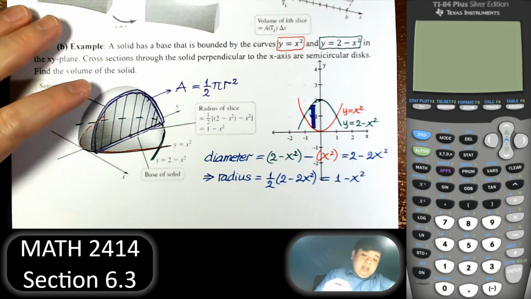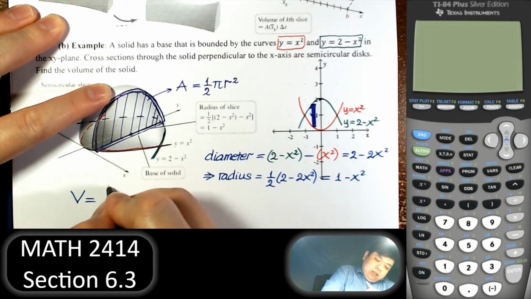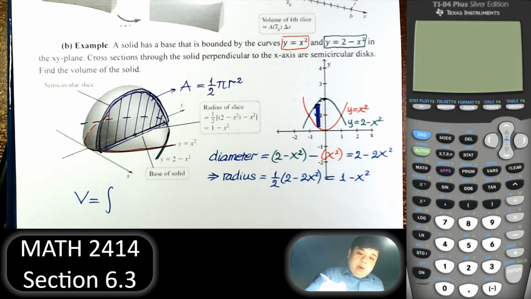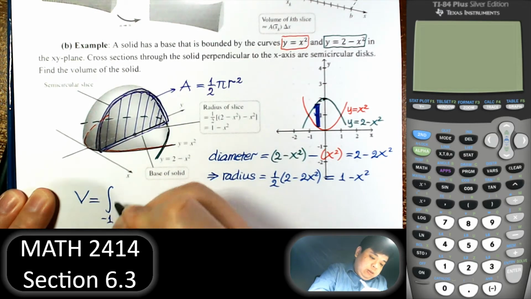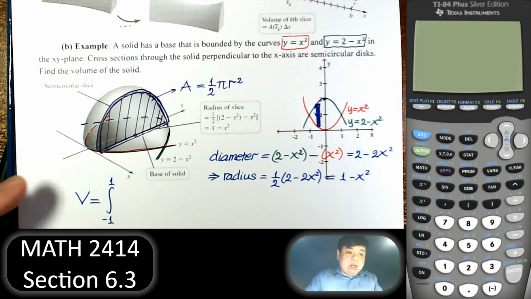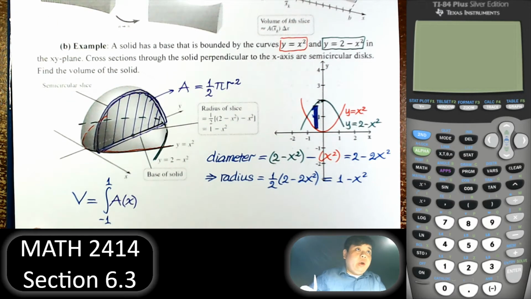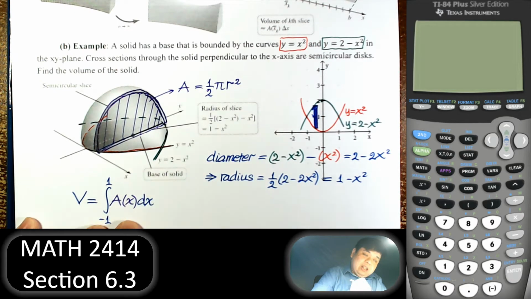Bottom line is, if we want to find the volume, it is going to be the integral. The x values here go from -1 to 1. All we do is add all of the cross-sectional area times the width dx.